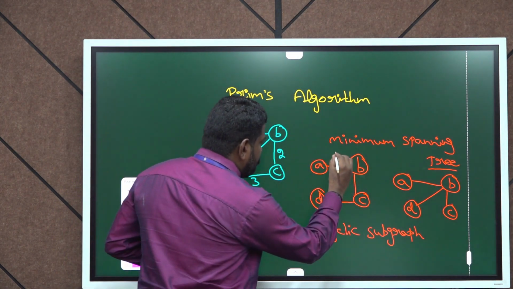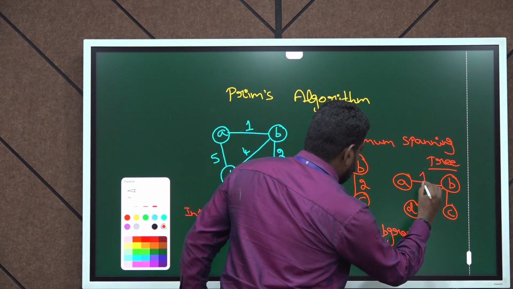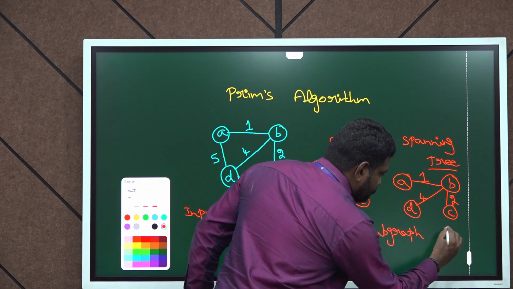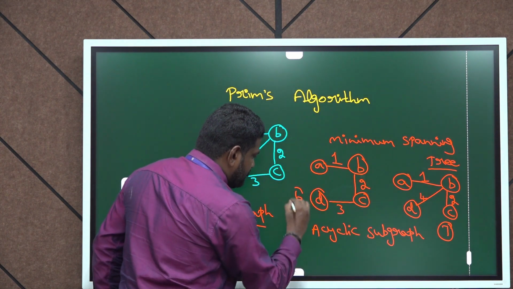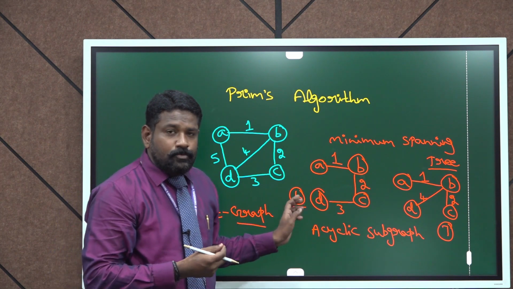If we sum up these weight values, here the total value is 7 and for this one the total value is 6. So the minimum value is 6, but it is difficult to try out all the possibilities.